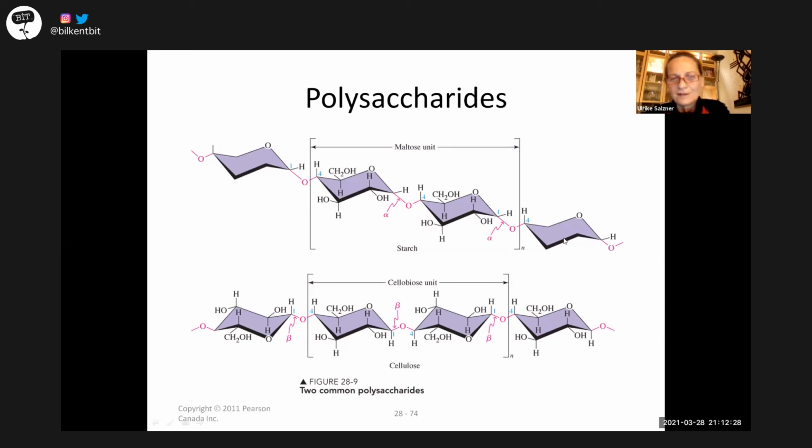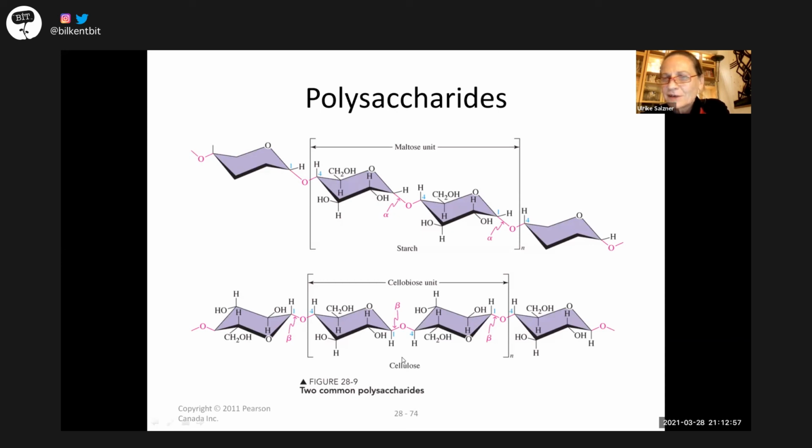And what's very interesting, if you compare starch and cellulose, we cannot digest cellulose. The only difference is, look here, if you look at these sugars, the oxygen points down, and here the oxygen points up. This is our main source of energy in our body, carbohydrates, and cellulose we cannot digest.